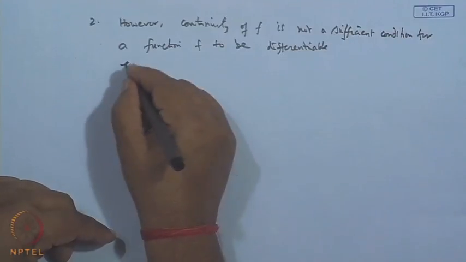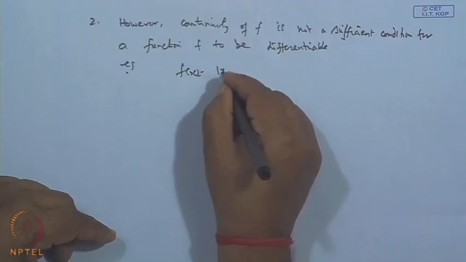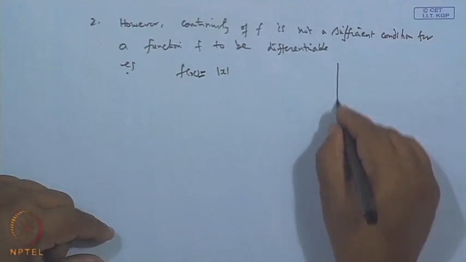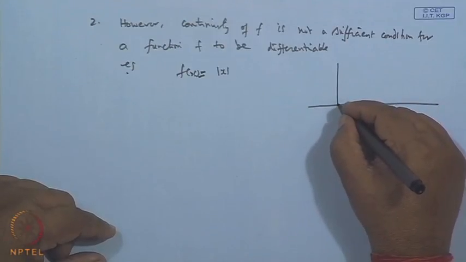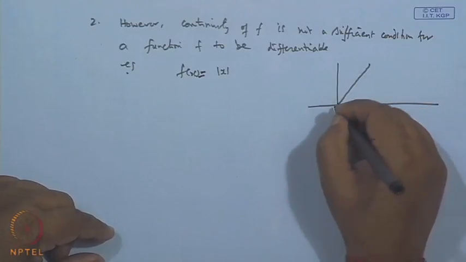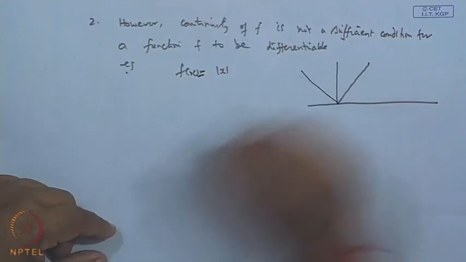For example, if we look at the function f of x equal to mod x, the curve of this function is like this: at x equal to 0, it is 0. When x is positive, y equals x. When x is negative, y equals minus x. So, this is the graph for mod x.